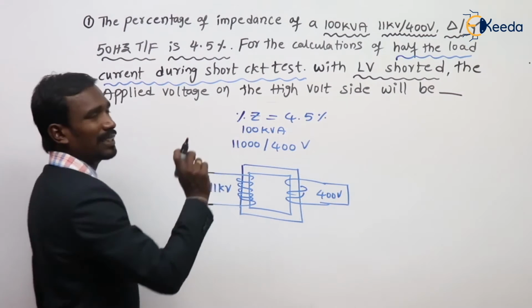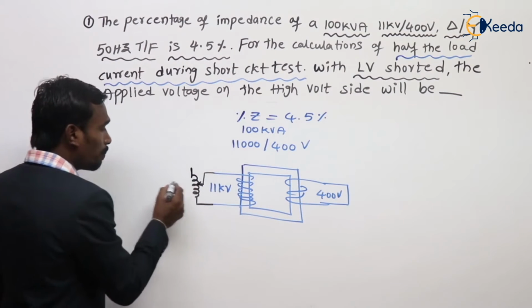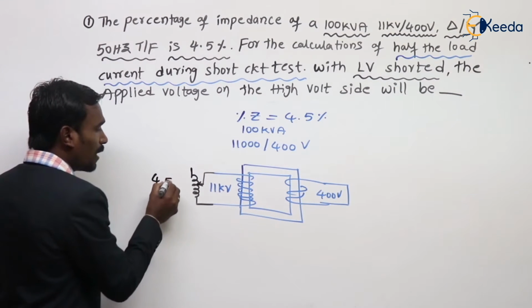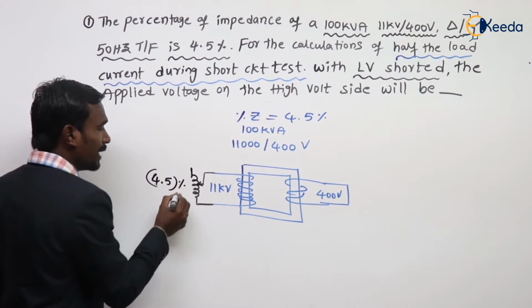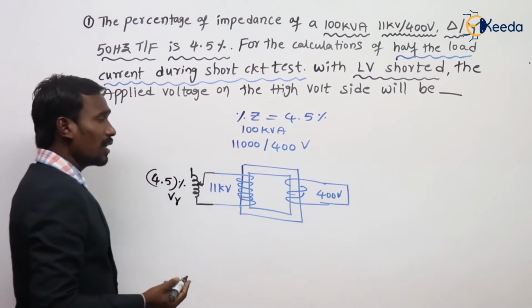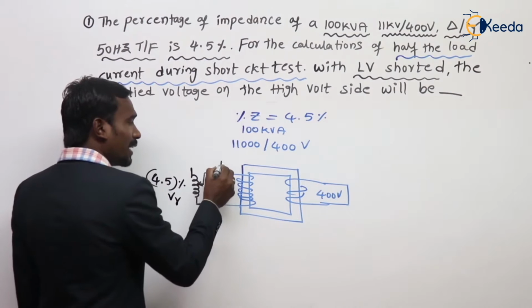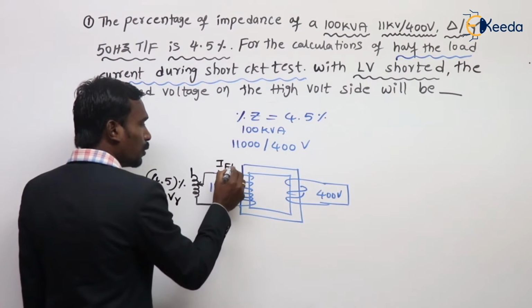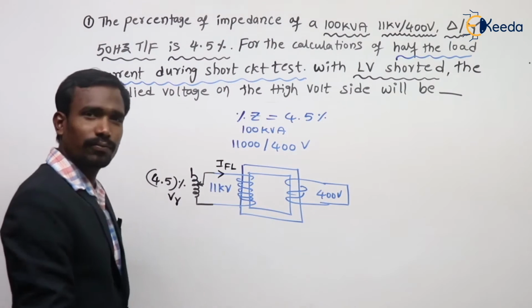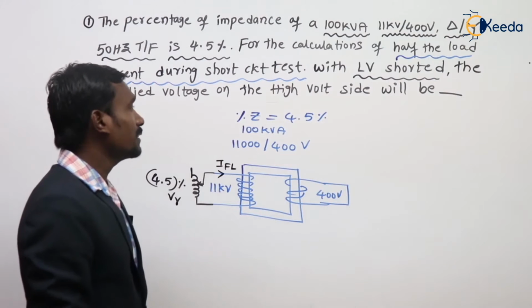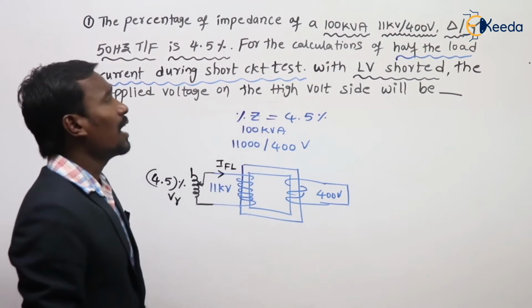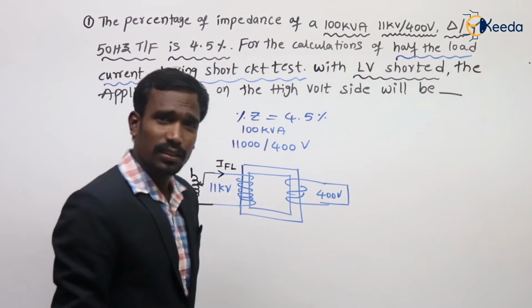According to the given data, if you apply 4.5% of the rated voltage here, then rated current or full load current flows in the transformer. But now they are asking for half of the load current.